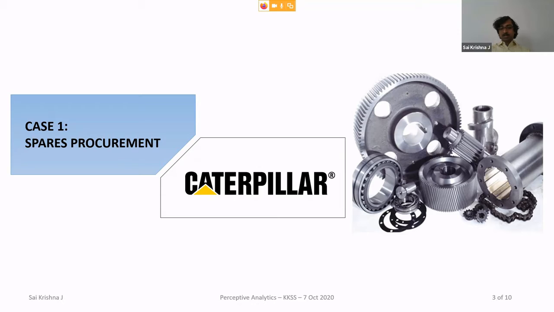I was working with Cyient Limited at that time when we were also consulting for Caterpillar. So they said, why not take a shot at this competition as well? So the case that I am going to talk about is what I did as part of that Kaggle competition.